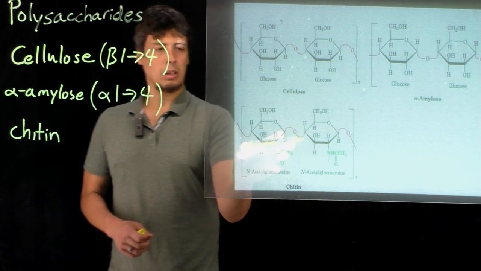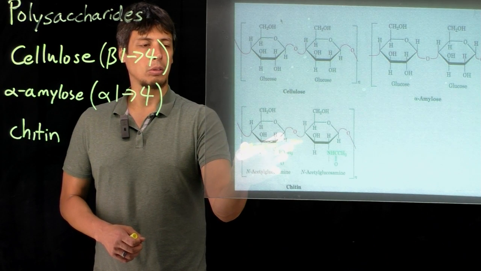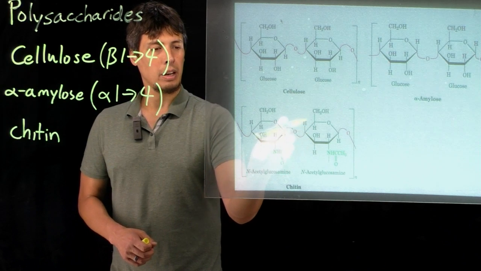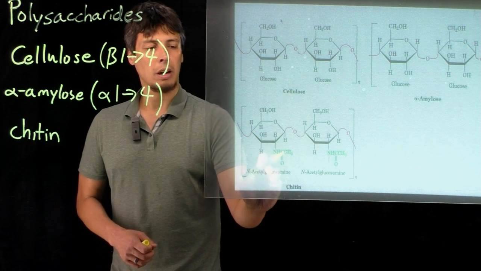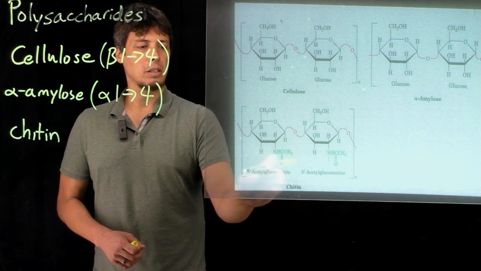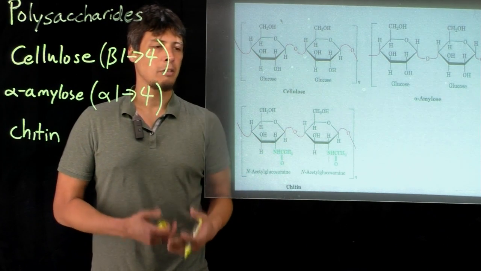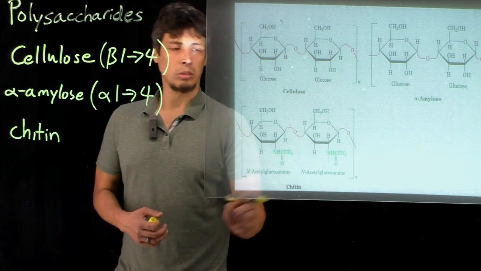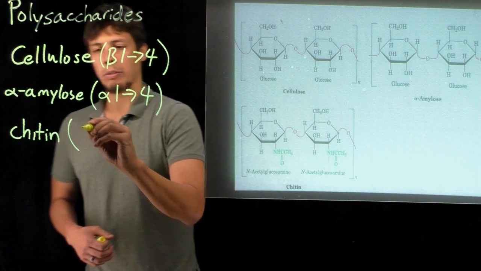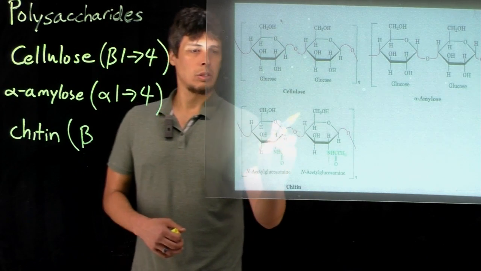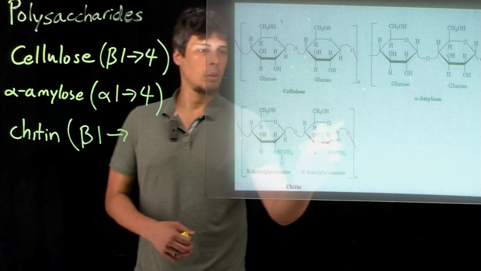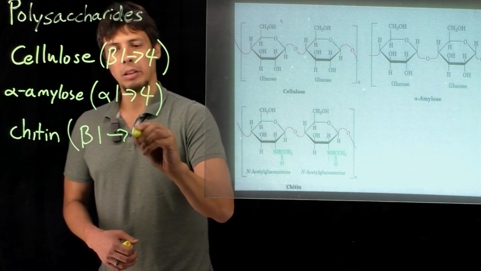And so this is similar to beta D-glucose, except that at the 2 carbon, we have this modification where we have this N-acetyl group to form N-acetylglucosamine. And so we can have a polymer chain of N-acetylglucosamine. And again, we can look at the linkages. So this is in the beta form once again. So here's our 1 carbon on the left-hand side, and then we form a linkage with the 4 carbon on the other side.